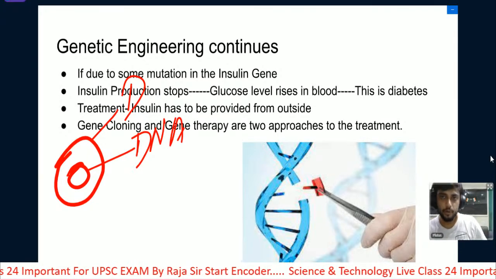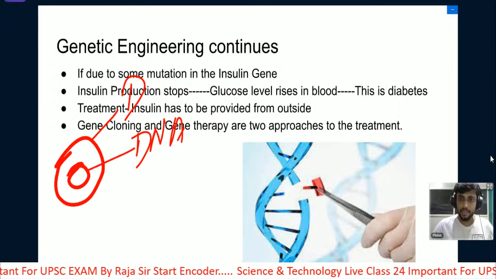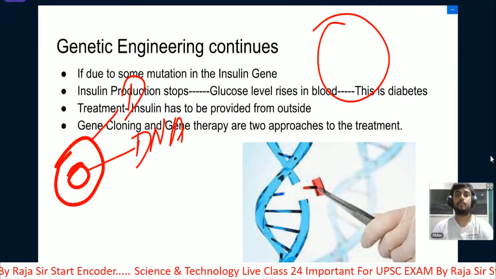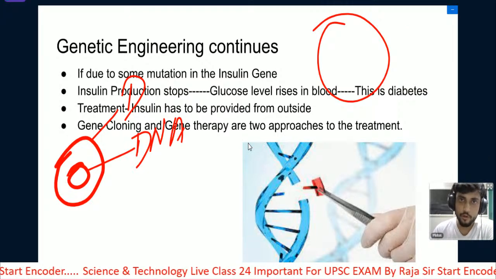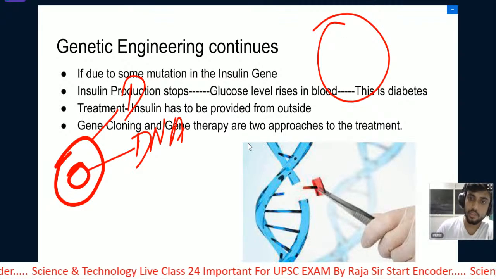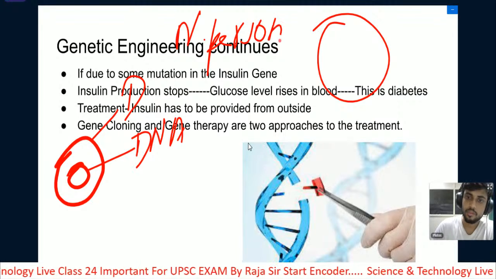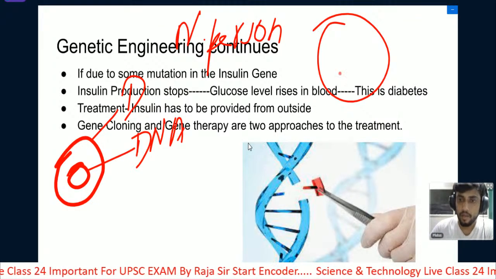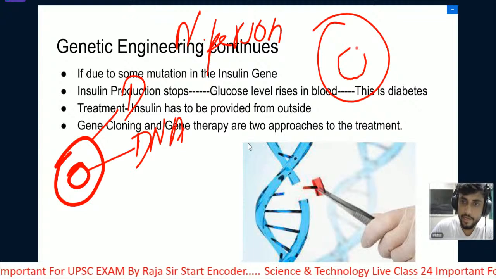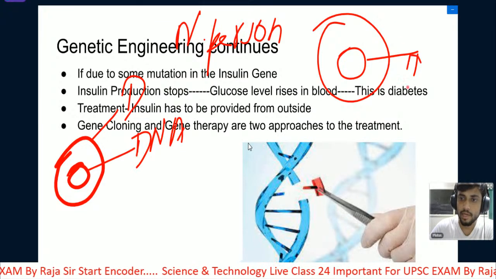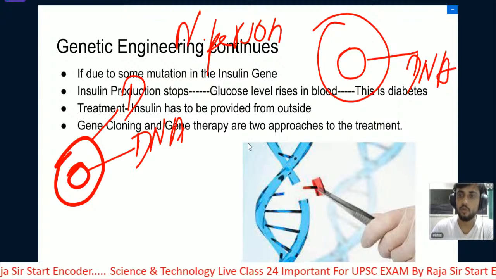So what we will do is take a normal cell of a normal human who is normally producing insulin. We have a normal person, and this is the cell and the DNA of the normal person.